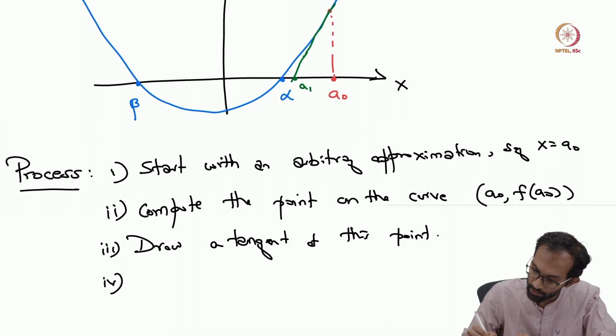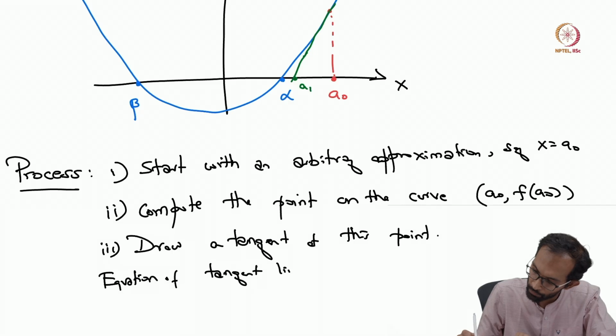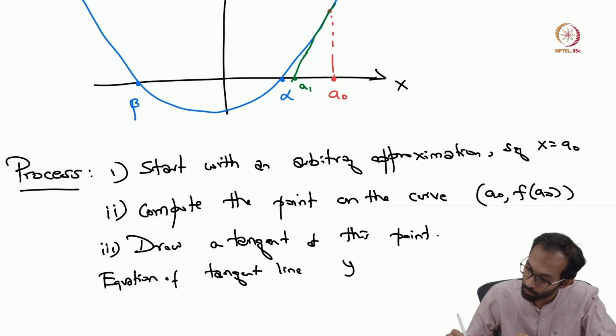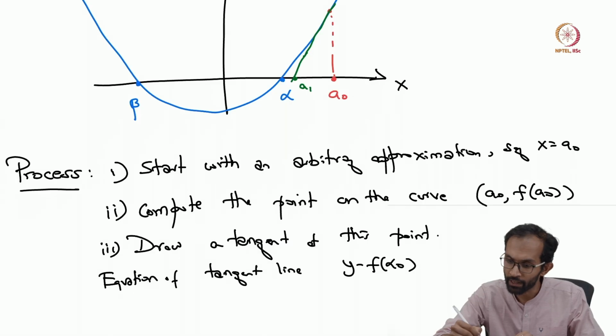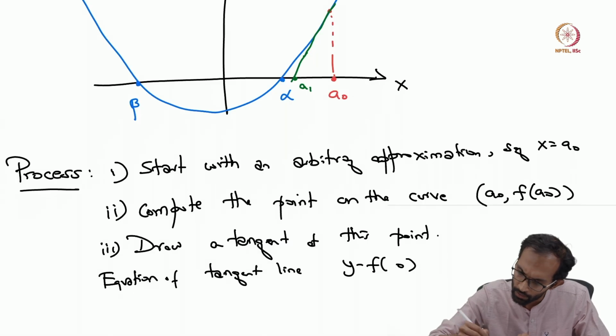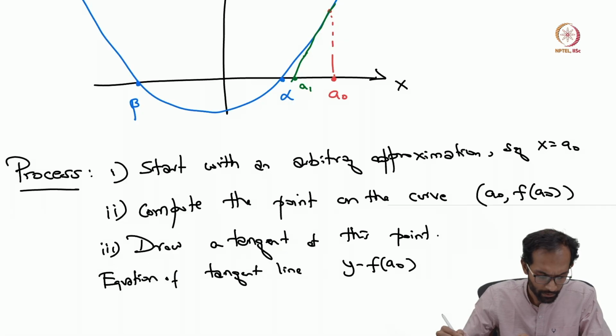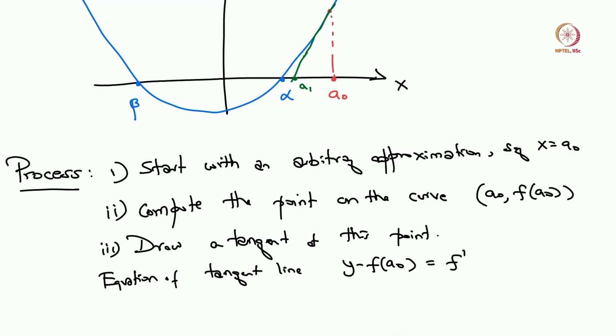The equation of this tangent line, again just from calculus, is y minus f of a naught equals f prime of a naught times x minus a naught.